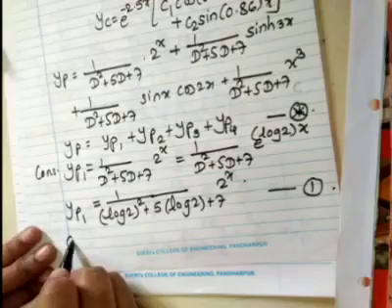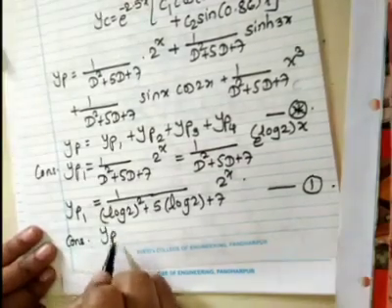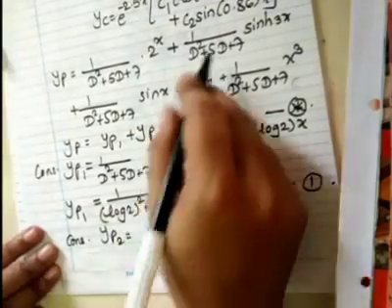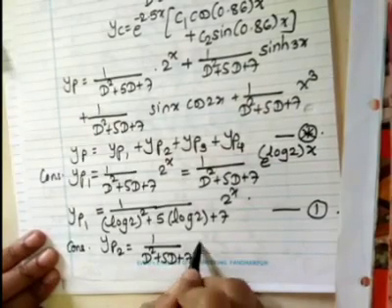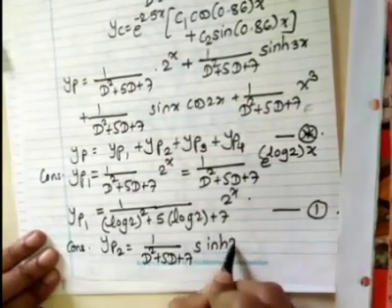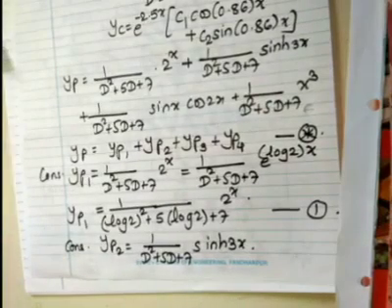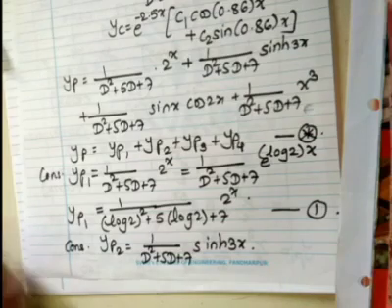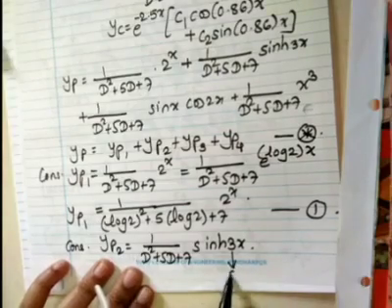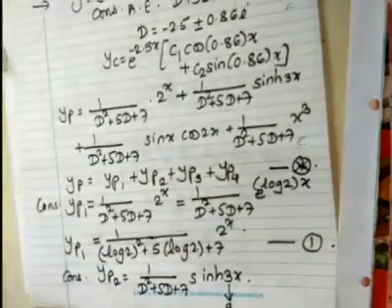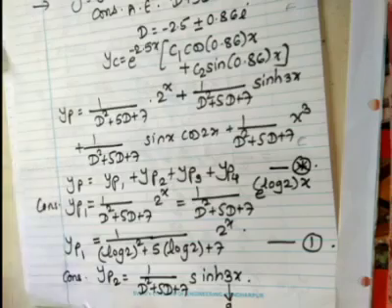Okay, we'll consider now the second, yp2, that is 1 upon d square plus 5d plus 7 into sine hyperbolic 3x. Okay, how do we solve sine hyperbolic? Yes, that number we'll find, that is 9, and we will not give a negative sign for hyperbolic.